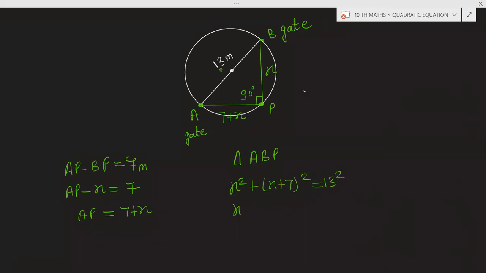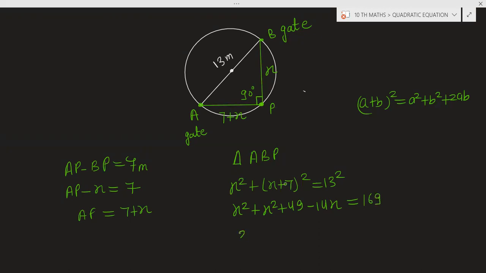Open this: do you know this formula? (a plus b) square is equal to a square plus b square plus 2ab. So we can open it: x square plus x square plus 49 plus 14x is equal to 13 multiplied by 13, which is 169.